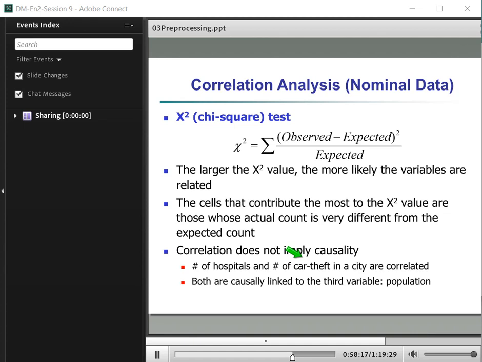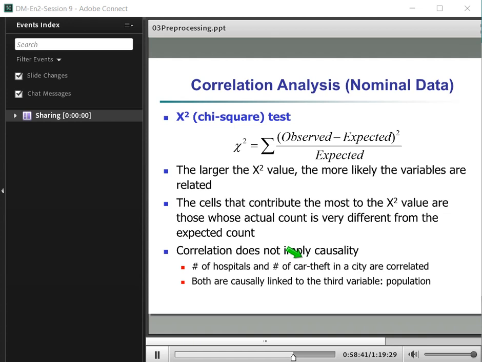For example, the number of hospitals in large cities is higher than the number of hospitals in small cities, and also the number of car thefts in large cities is higher than the number of car thefts in small cities.